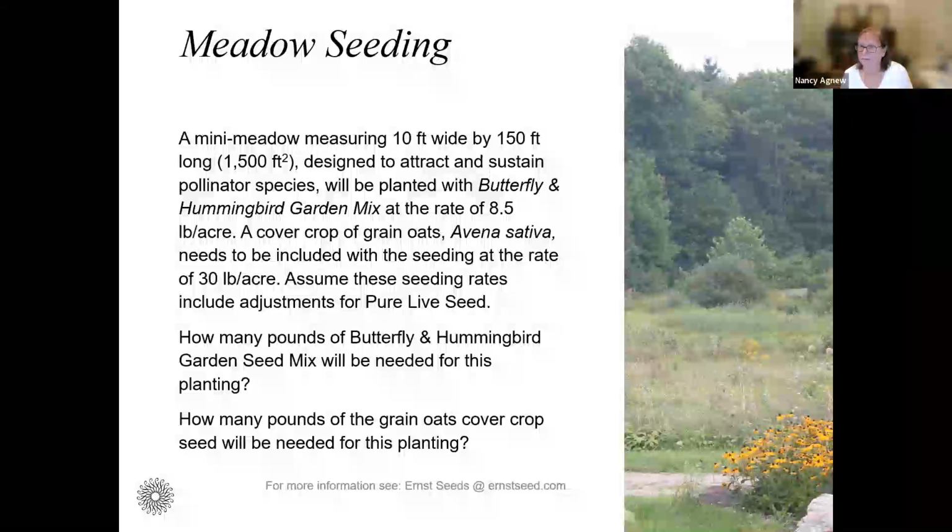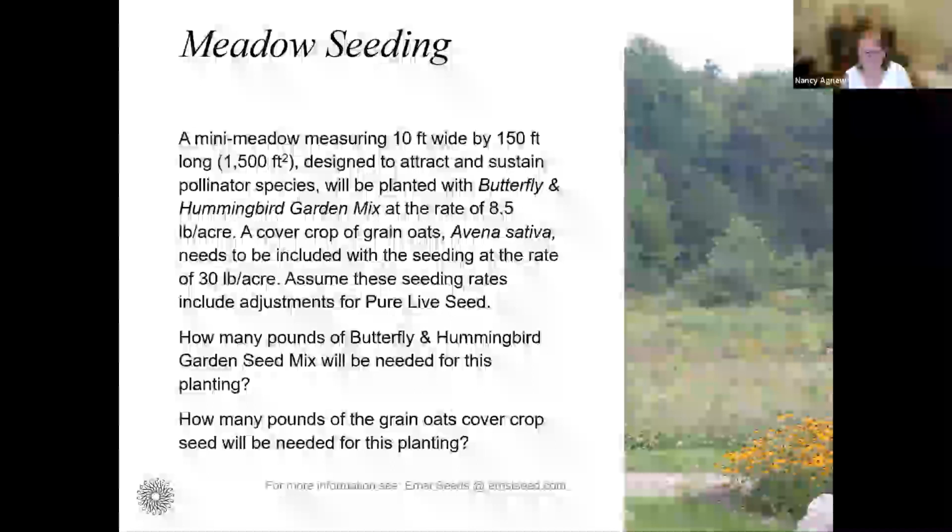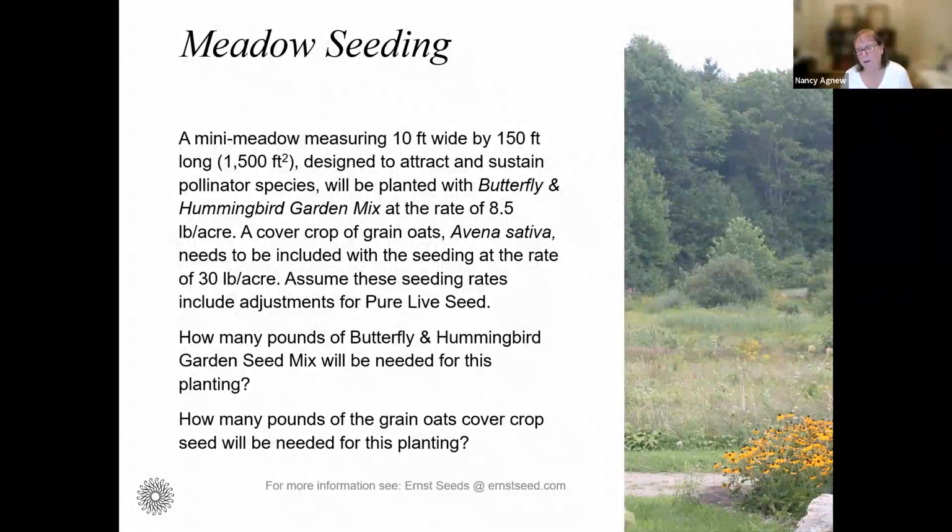Understand this is a mix of flowering plants, a mix of annuals and perennials, and this is their recommended rate. So I have to assume that all the adjustments are made for pure live seed. Now, I noticed that particularly for commercial customers, well, actually any customer, they want you to call them and talk to them.